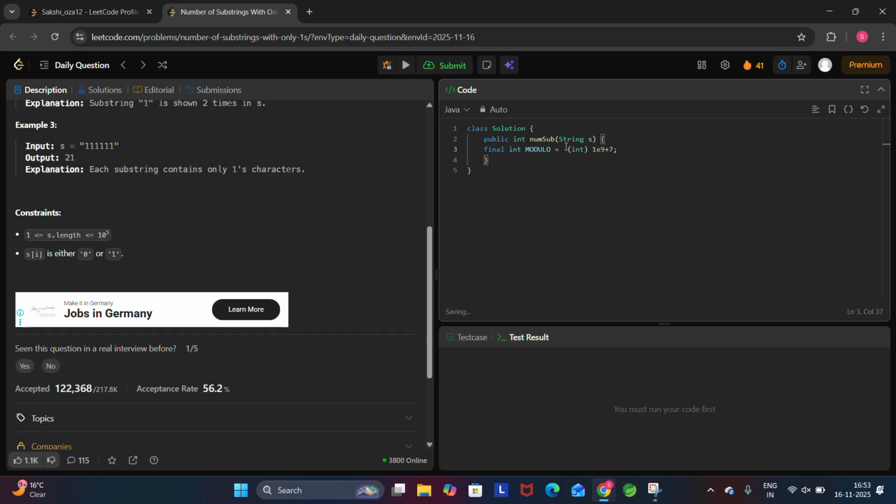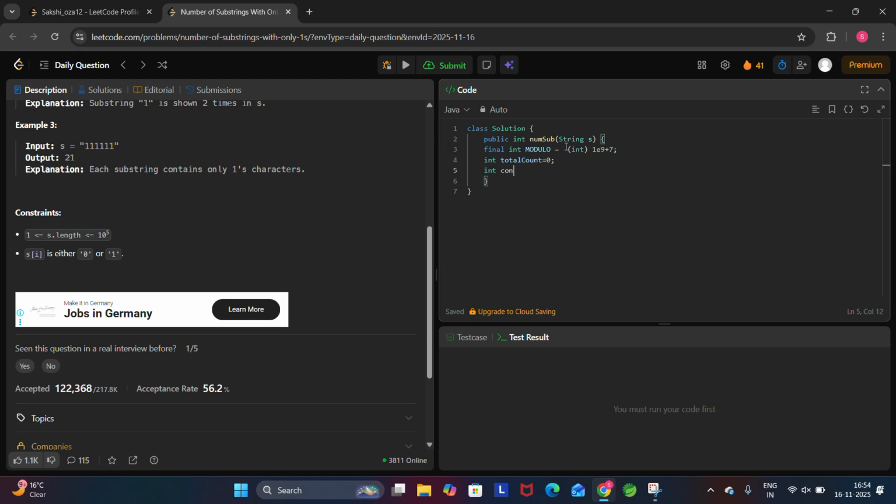After that, we need the total count of valid substrings. So we are going to write int totalCount, where we will get our output, which is initially 0.